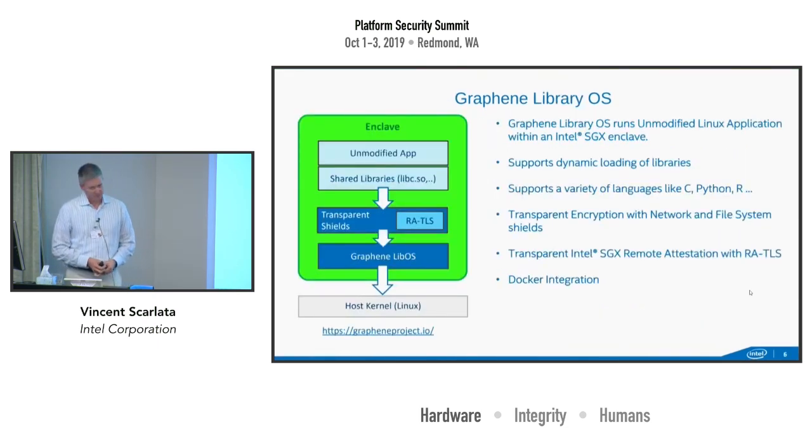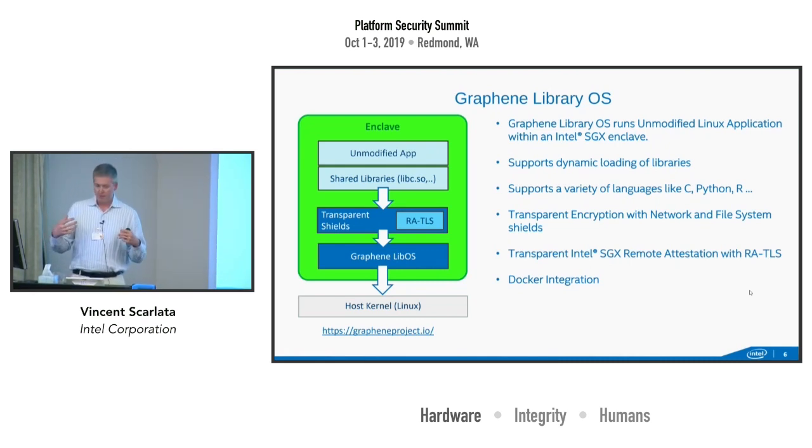This allows us to support things that the refactoring model does not. You can't really load dynamic libraries in the normal SGX model. You can here. This supports languages like C and Python and R. There are certain pieces that apply to SGX that do not apply directly to containers, such as the sealing mechanisms and the attestation mechanisms.